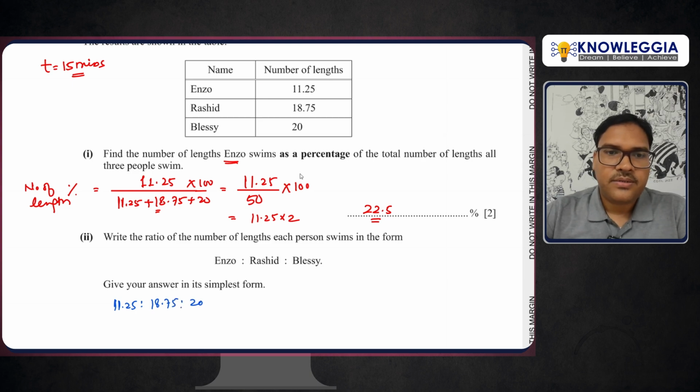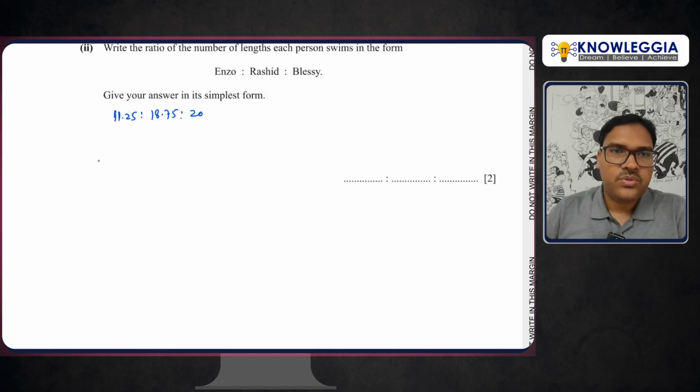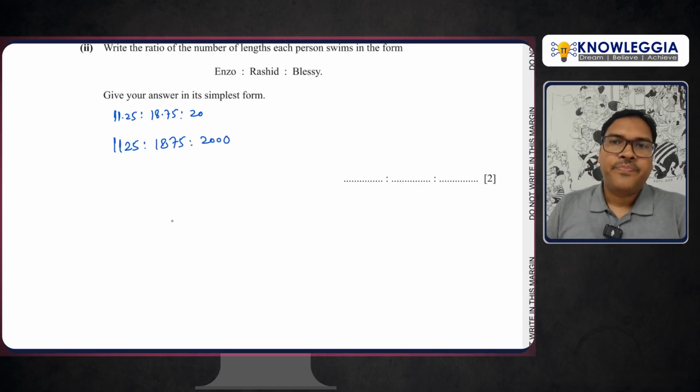So now let's calculate this. So what is the ratio? Now to simplify this, you can just multiply with 100. So this will become 1125 is to 1875 is to 2000, right?